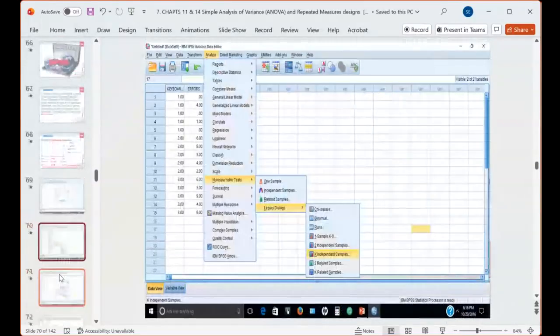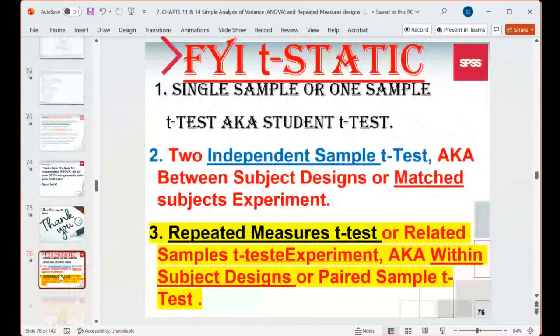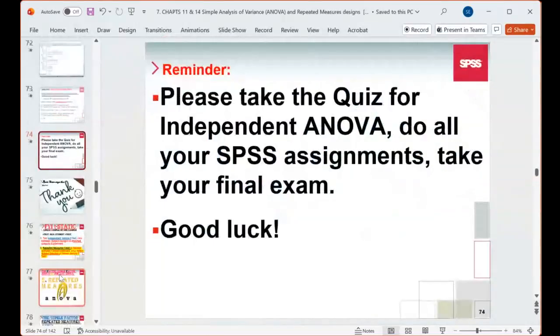So once again, good luck with your final exam. Go back and look if you're missing any of those quizzes, all the way from quiz 1 through the midterm. Look at the midterm quizzes, look at the final quizzes and make sure you took all of them.